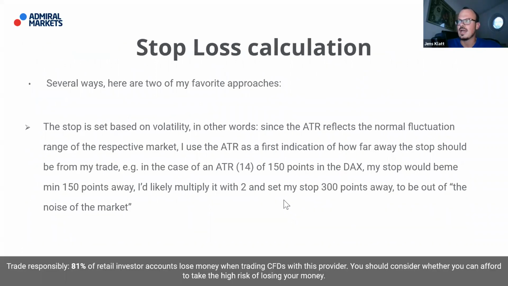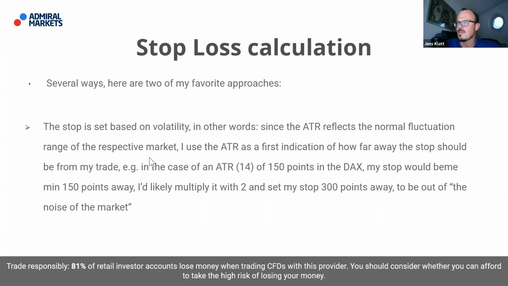And yeah, the stop loss calculation, there are several ways you can use. The two of my favorite approaches is the stop is set based on volatility. So that's one example I haven't yet introduced to you. But what we do is we use the ATR as our calculation tool for volatility.